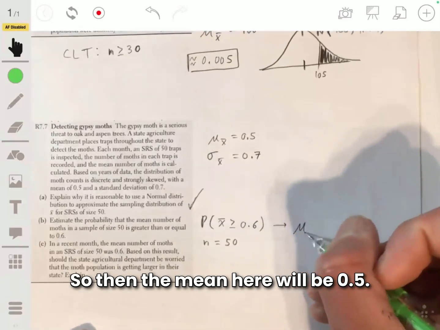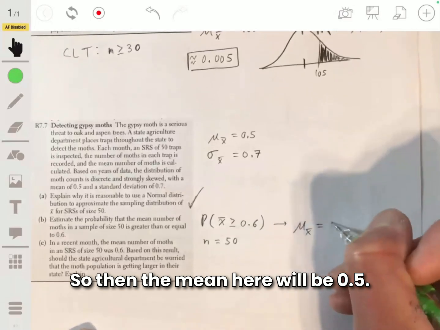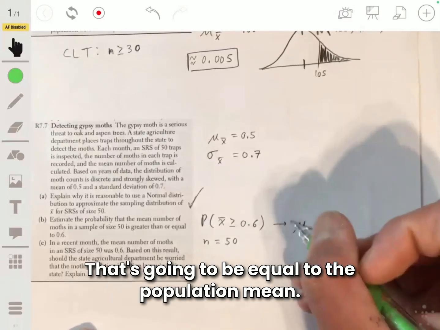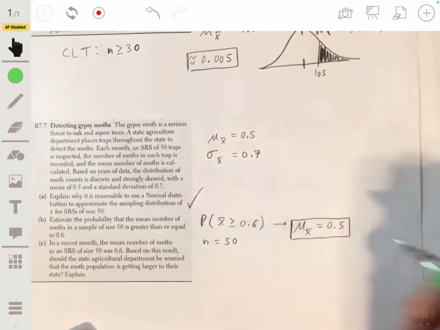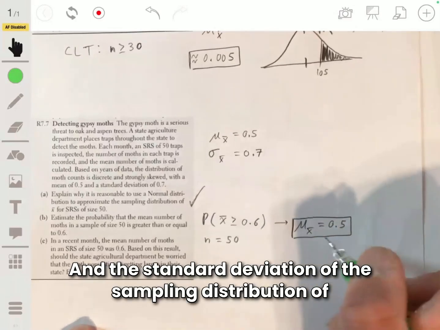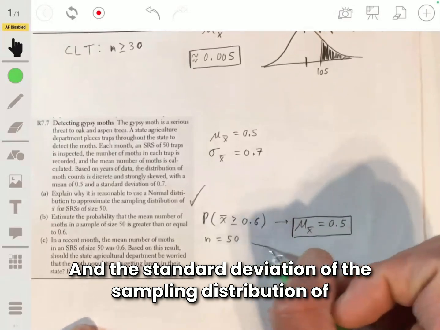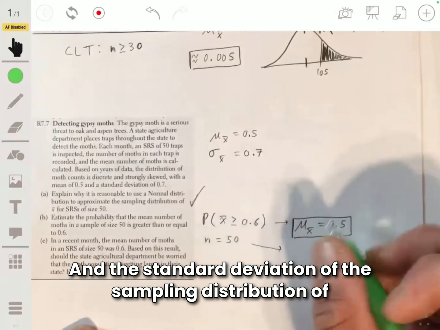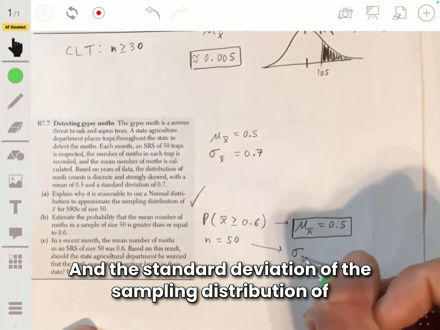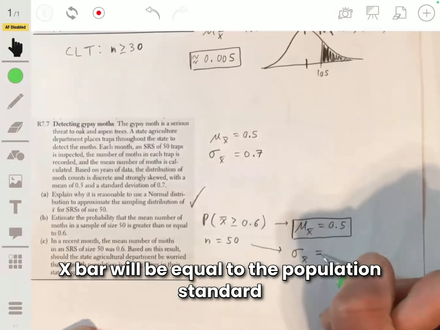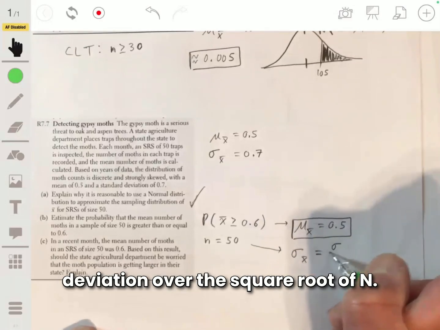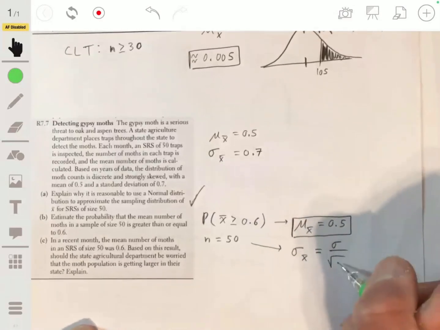The mean here will be 0.5 because it's equal to the population mean, and the standard deviation of the sampling distribution of X bar will be equal to the population standard deviation over the square root of n.